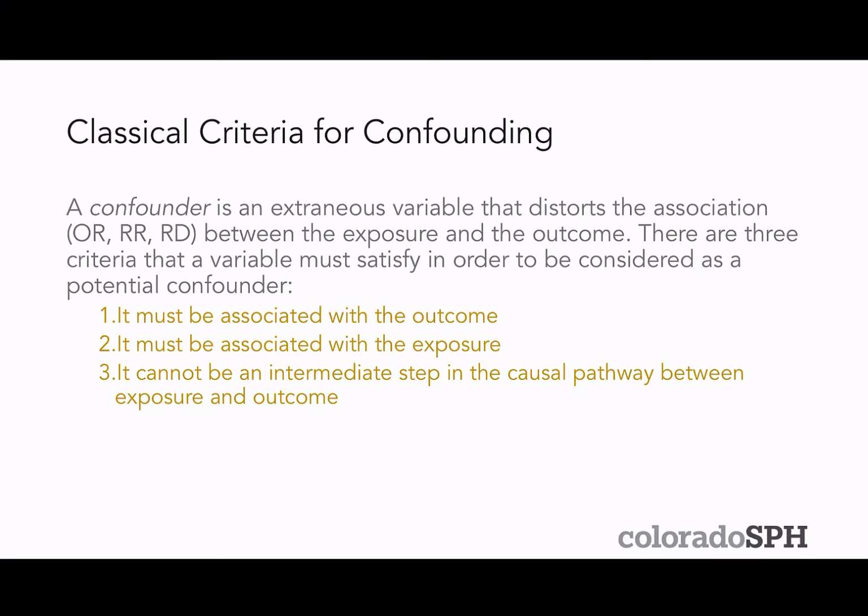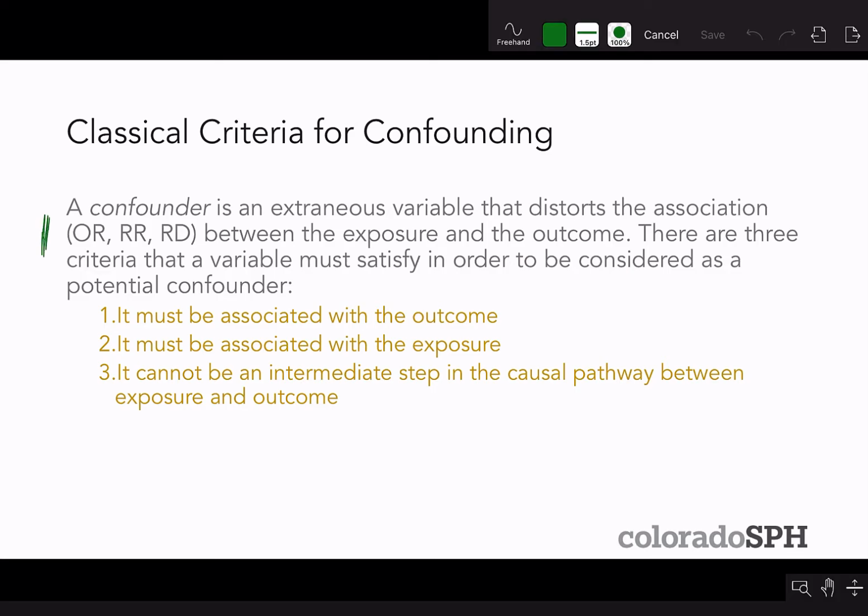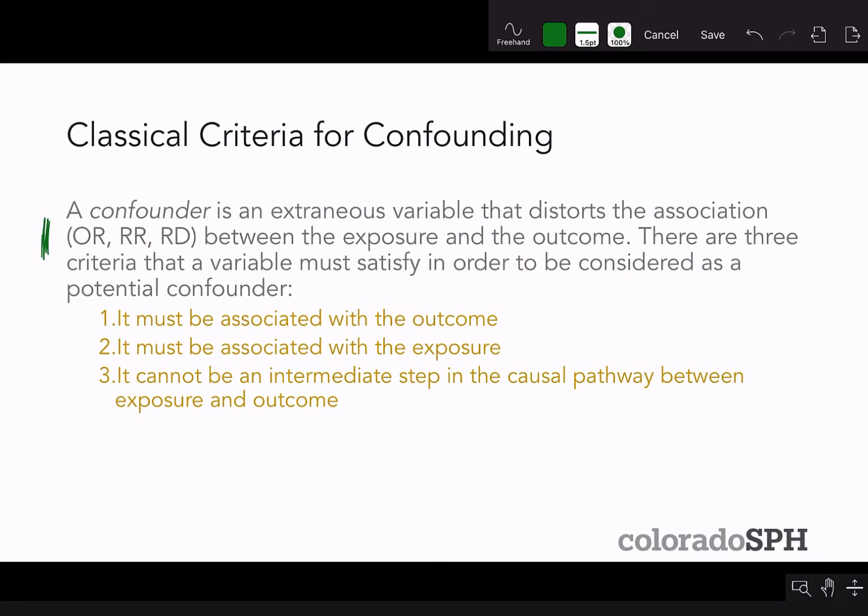So there are what are called classical criteria for confounding. A confounder is an extraneous variable that distorts the association that you might be interested in between the exposure and the outcome. There are 3 criteria that a variable must satisfy in order to be considered a potential confounder using the classical criteria.